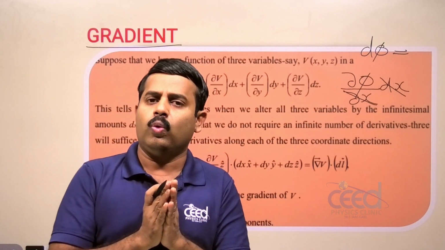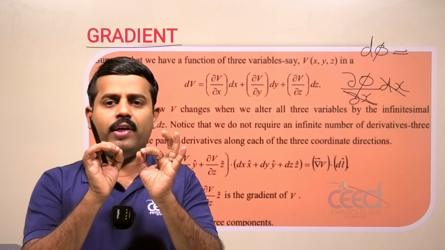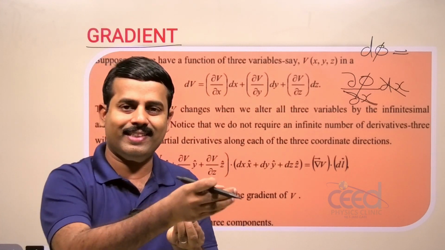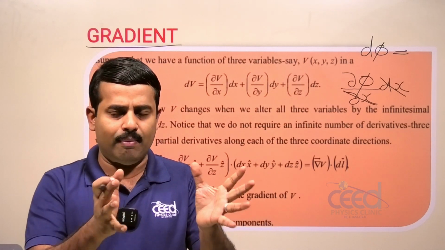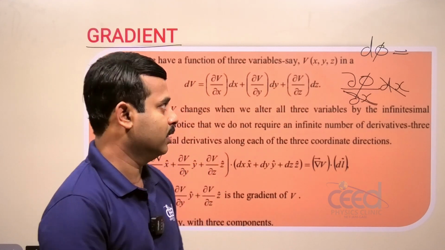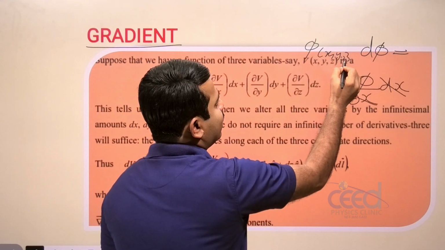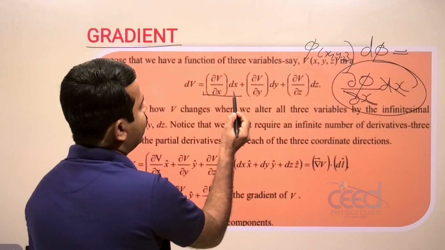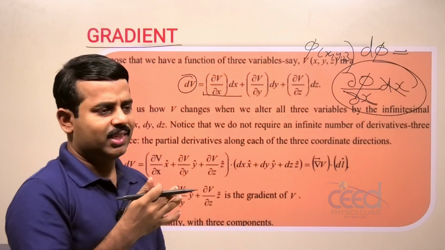Now consider a physical quantity varying according to the x, y, z axes. That means a three-dimensional function, or I can say phi is a function of x, y, z. For the x-axis I write dou v by dou x, supposing I am finding the variation of v, where v is a function.